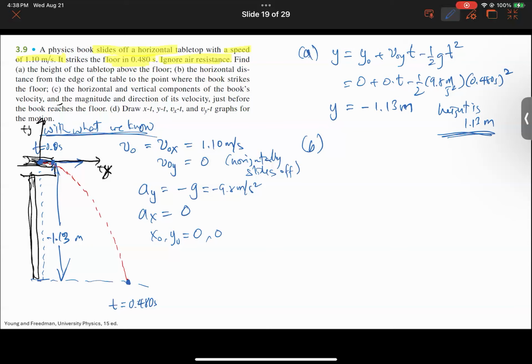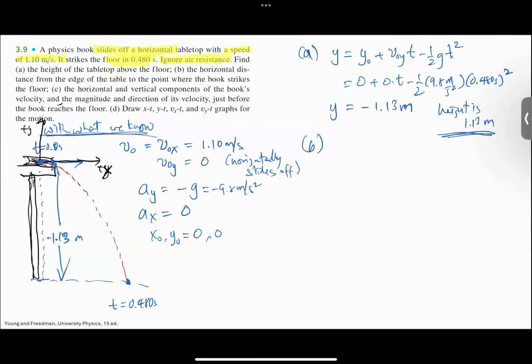Okay, to the point where the book strikes the floor. So itong point. So pinapahanap is actually this distance.